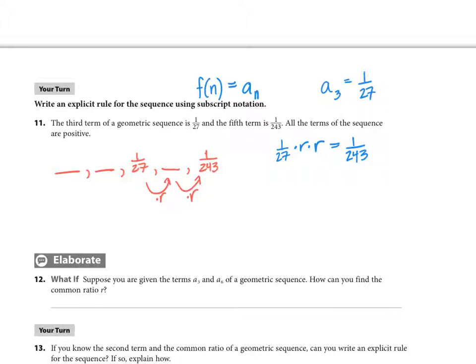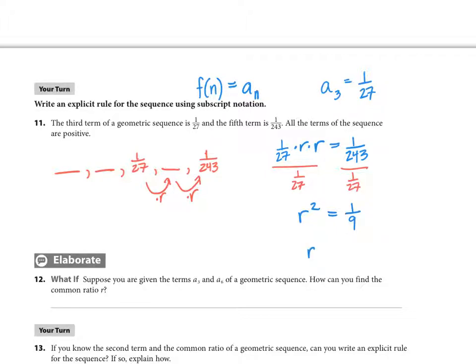And what I could do is divide by 1 over 27, since it's multiplying with those r's. And when I divide, I get r squared, because r times r is r squared, equals 1/9. So that means the common ratio times itself is 1/9.